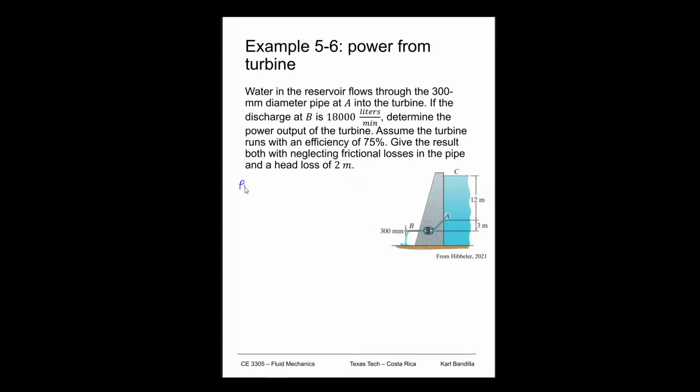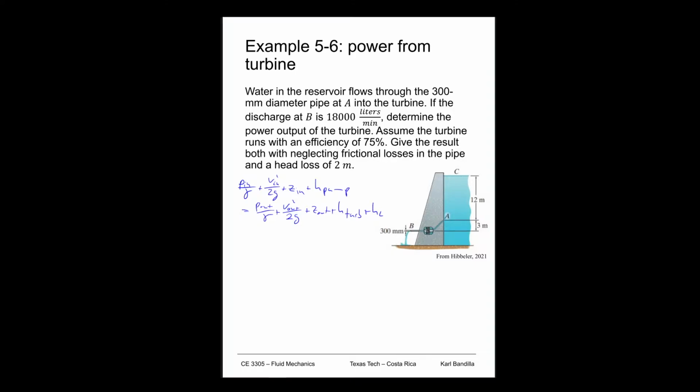We have P in divided by gamma plus V in squared divided by 2G plus Z in plus H pump, and that's equal to P out over gamma plus V out squared over 2G plus Z out plus H of our turbine plus any head losses. Right, that's our entire setup.